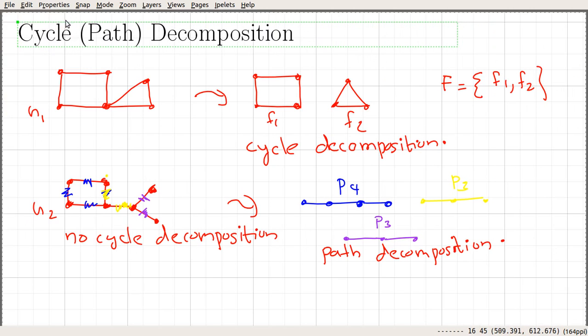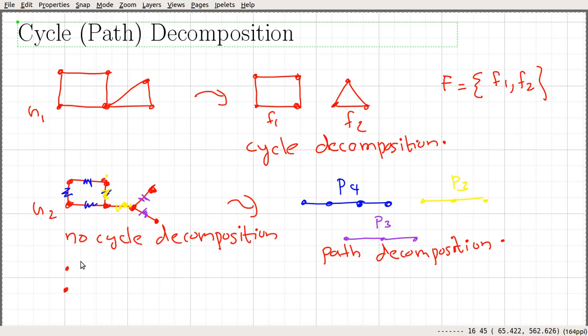If you look into this example, we can see that you can always find a trivial path decomposition for any graph, right? It just lists all the edges of that graph. For example, if you consider this graph, you could decompose this graph into paths which look something like this.